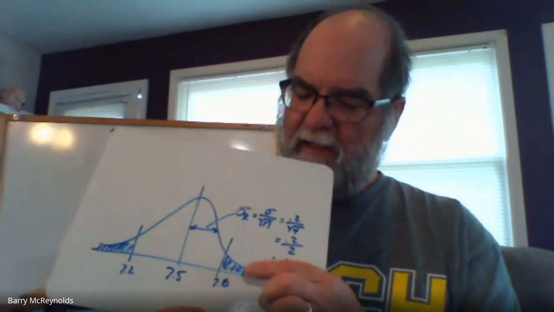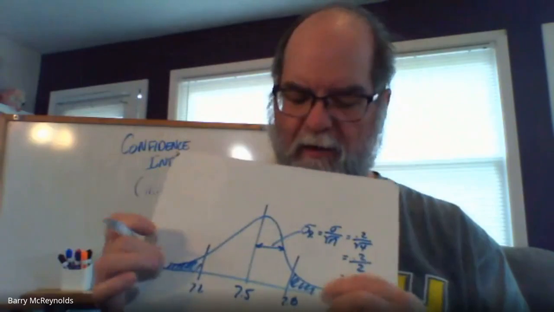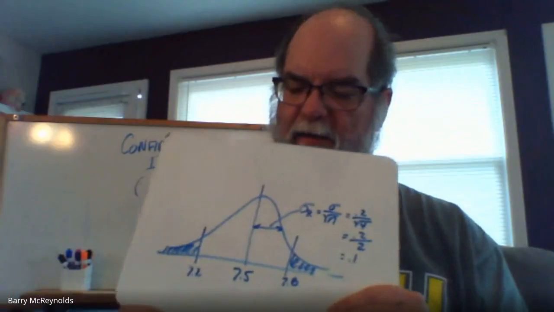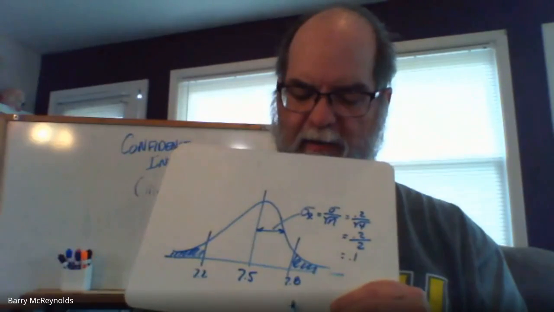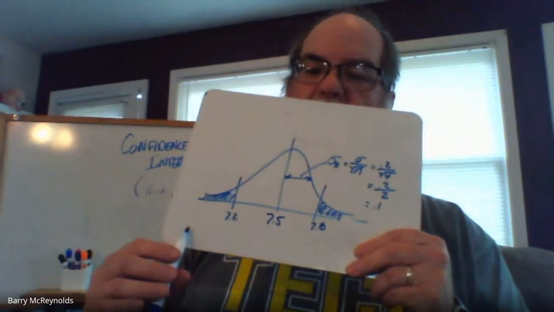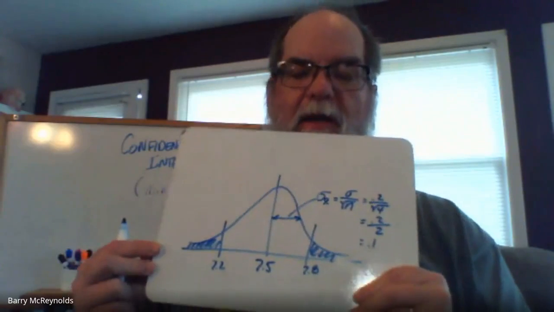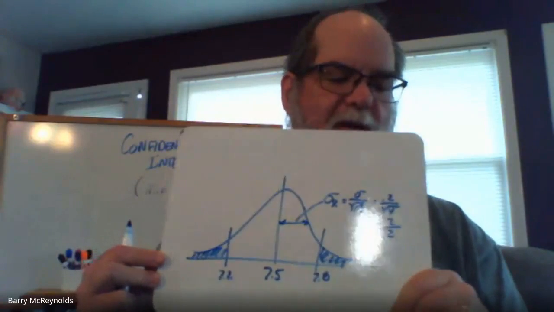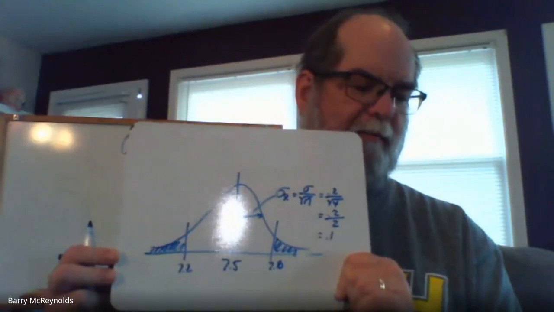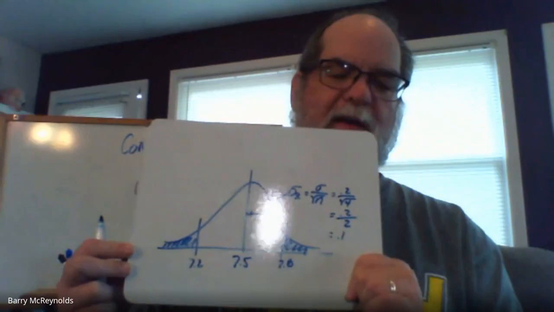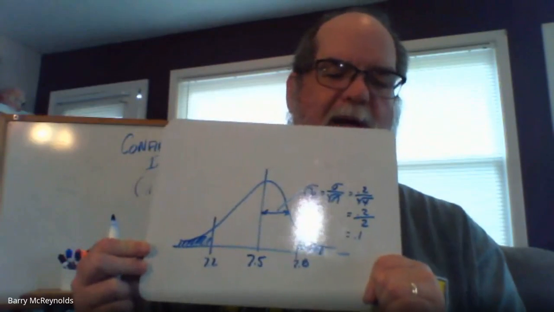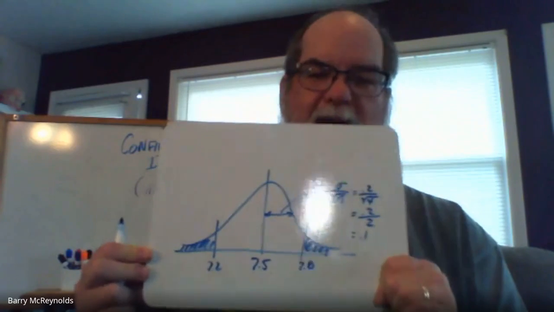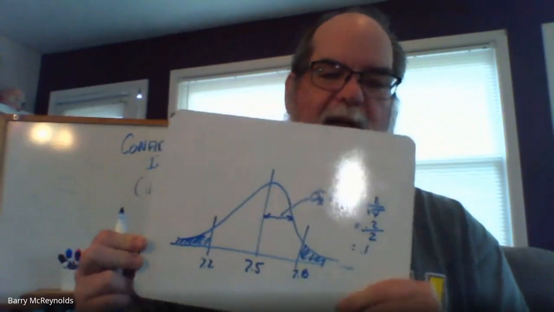In other words, he will find a sample that is in one of these 2 areas and conclude that the population mean is either here or here when it really isn't. That's what type 1 error is. The only reason I brought this up is because we'll be talking about type 1 and type 2 error, probably not next week, but the week after. I just wanted to introduce the topic.